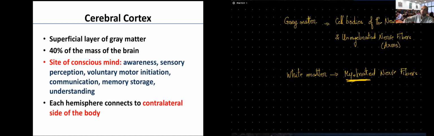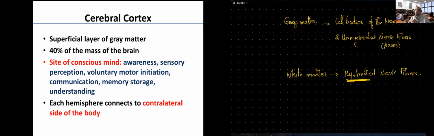Those are the functions of my cerebral cortex. Each cerebral hemisphere is going to be controlling the contralateral side of the body. What does this mean? This means that if I touch with my left hand, the part of the brain that is responsible to perceive this sensation is in my right cerebral hemisphere.